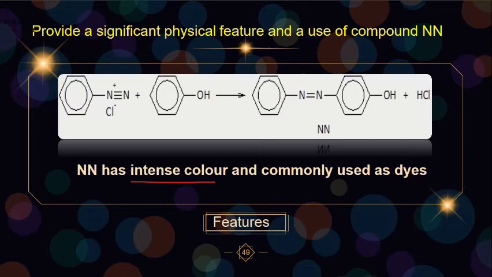Satu. Dan dia sebenarnya relatively inexpensive compound. So banyak guna dalam industri lah. That's why kita guna dia sebagai pewarna. Dan kalau you perasan yang kita hasilkan sekarang ni, bila kita campur ni, dia adalah orange colour sebenarnya.